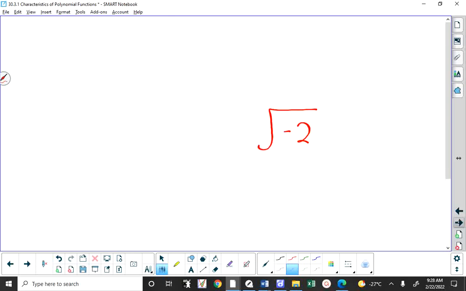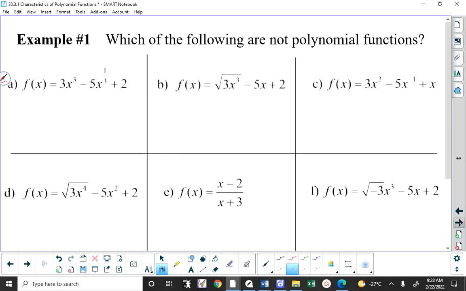So which of these are polynomial functions? Well, which are not polynomial functions? Well, this one's not. Can somebody explain to me why this is not a polynomial function? Jonathan. Right. And a third is not a whole number. Those exponents have to be whole numbers.